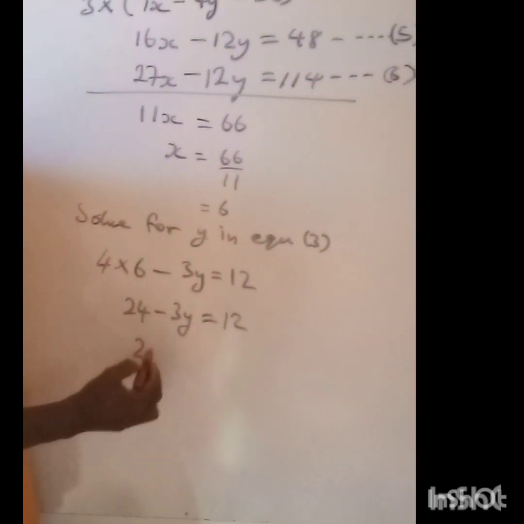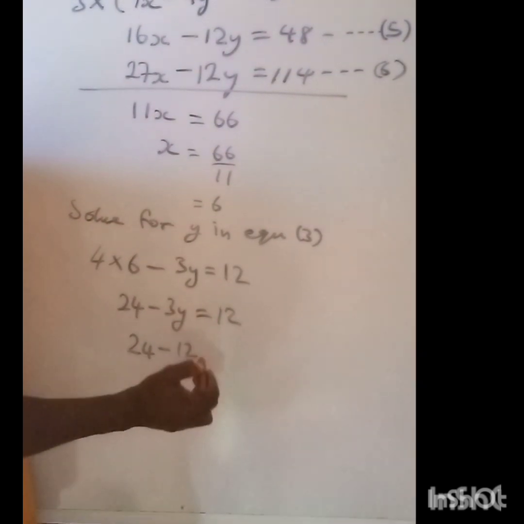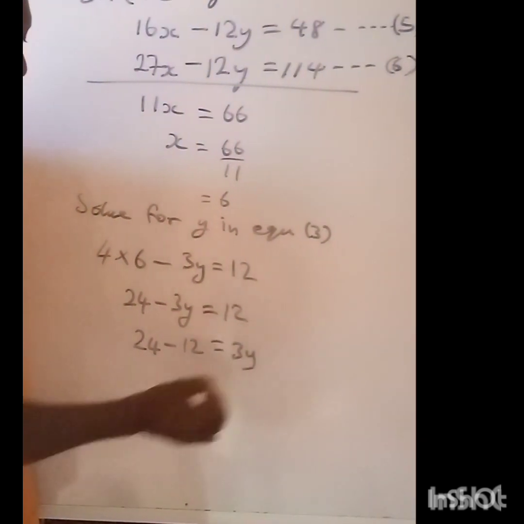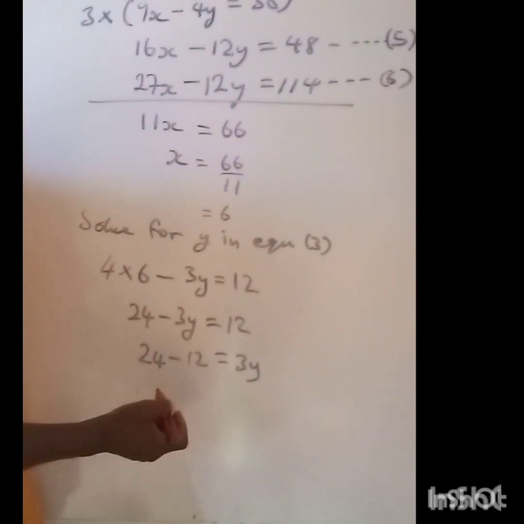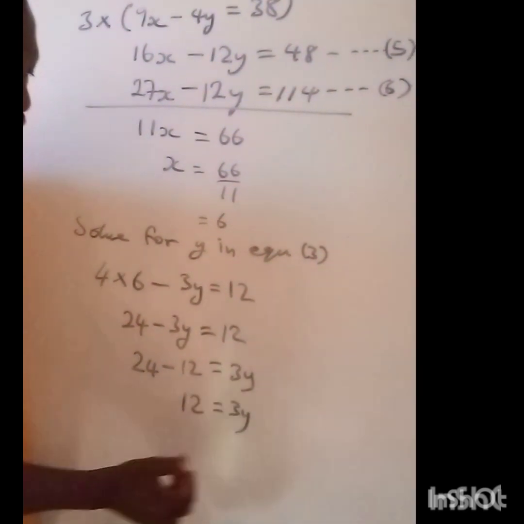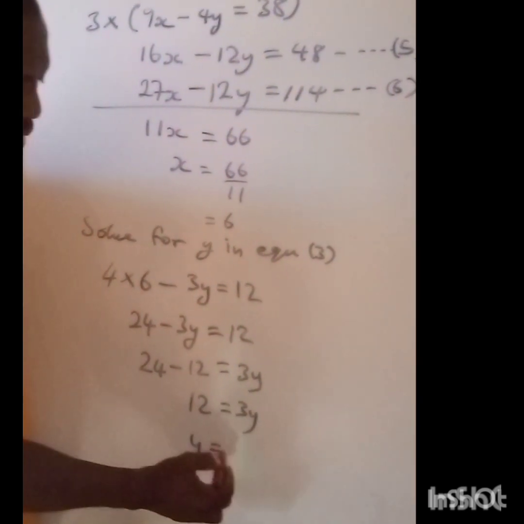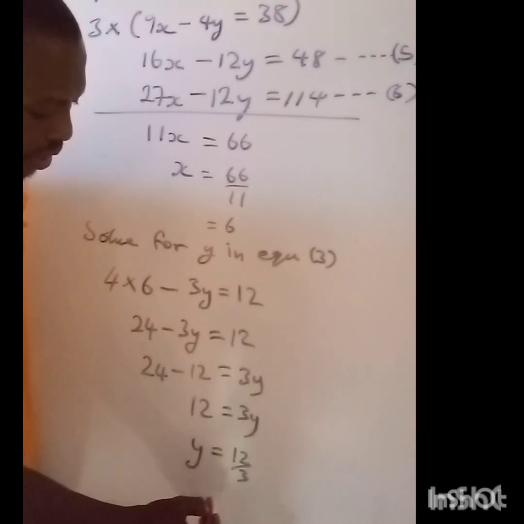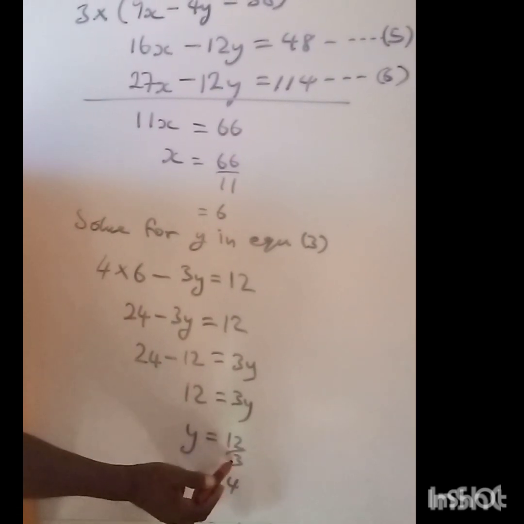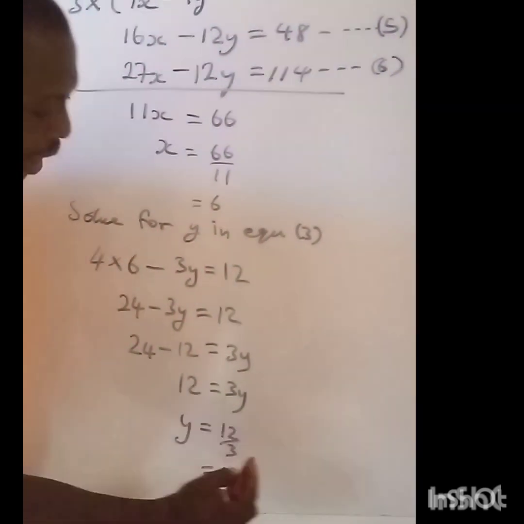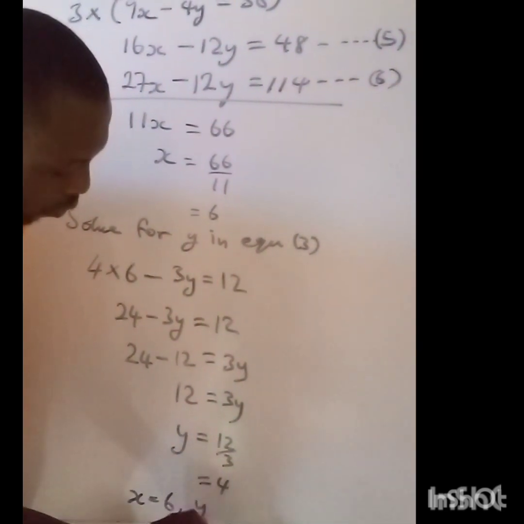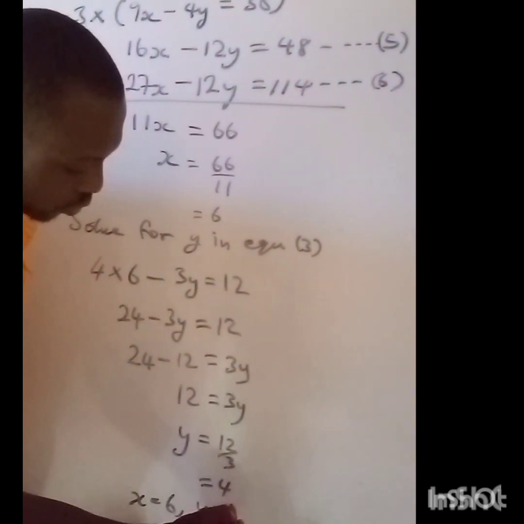We bring 12 over, it becomes minus 12, and we take minus 3y to the other side, it becomes plus 3y. 24 minus 12 gives us 12. So we have 12 equals 3y. So y is equal to 12 divided by 3, which is 4. So our result is x equals 6 and y equals 4.